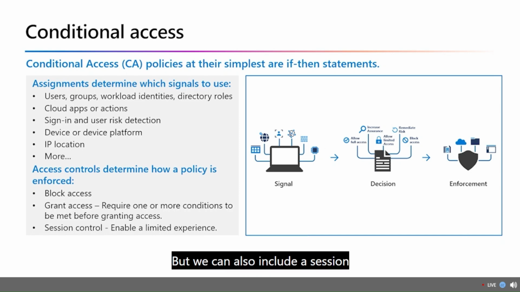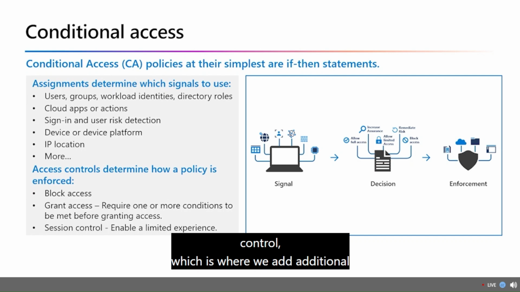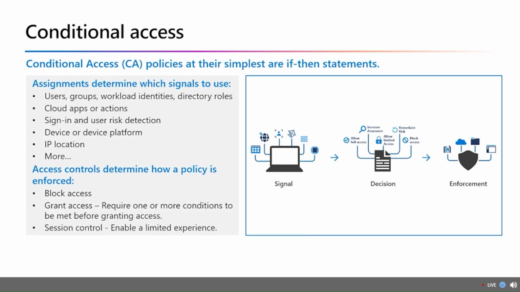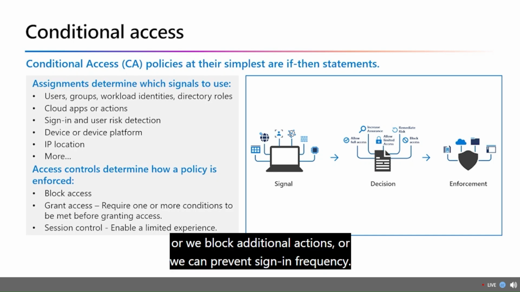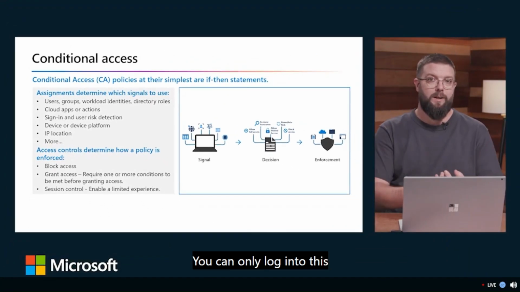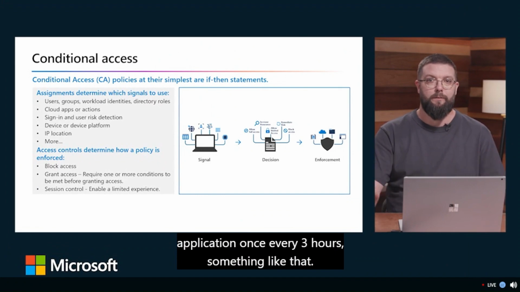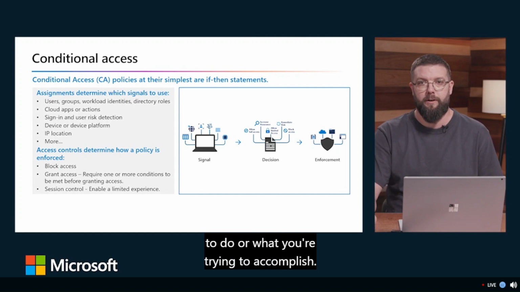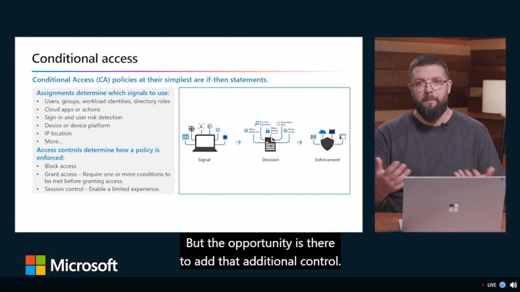But we can also include a session control, which is where we add additional limitations to the experience, such as a session timeout, or we block additional actions, or we set a sign-in frequency, so you can only log into this application once every 3 hours, something like that. It depends on what you're trying to accomplish, essentially, but the opportunity is there to add that additional control.